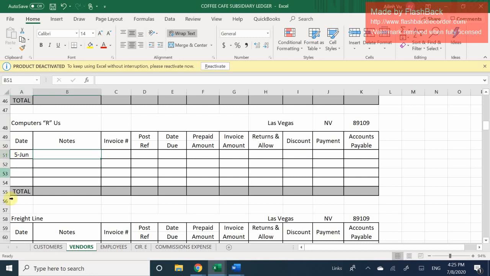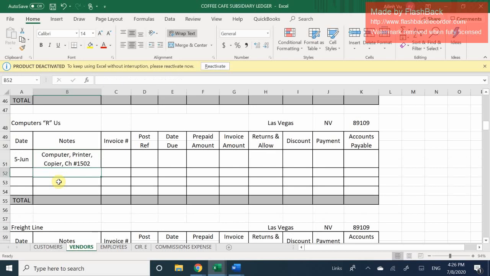So here we're going to indicate the date. Any notes that you want to put, you can put I bought a computer, I bought a printer, and I bought a copier, and I'm going to write the check number 1502. You can do whatever you want. I'm going to indicate this so I know that I bought all the stuff from this person.